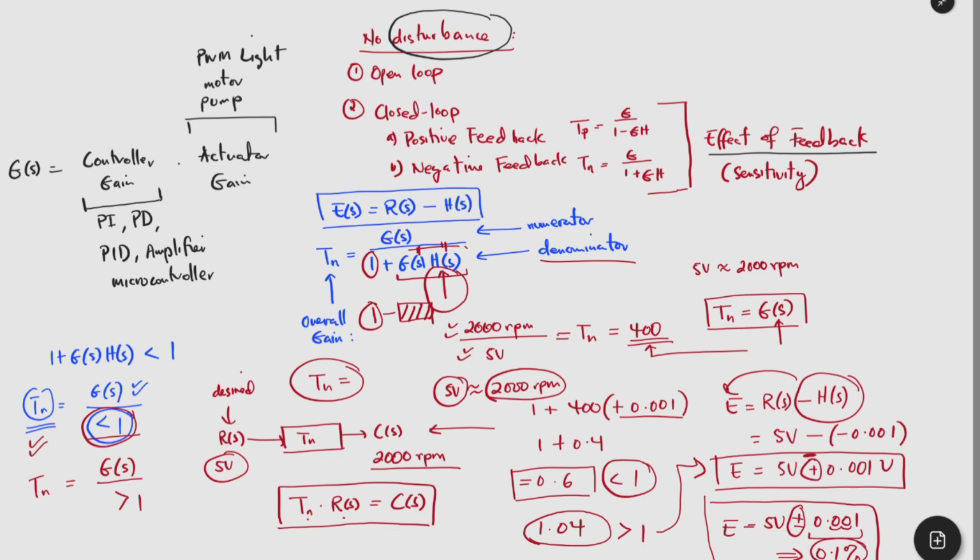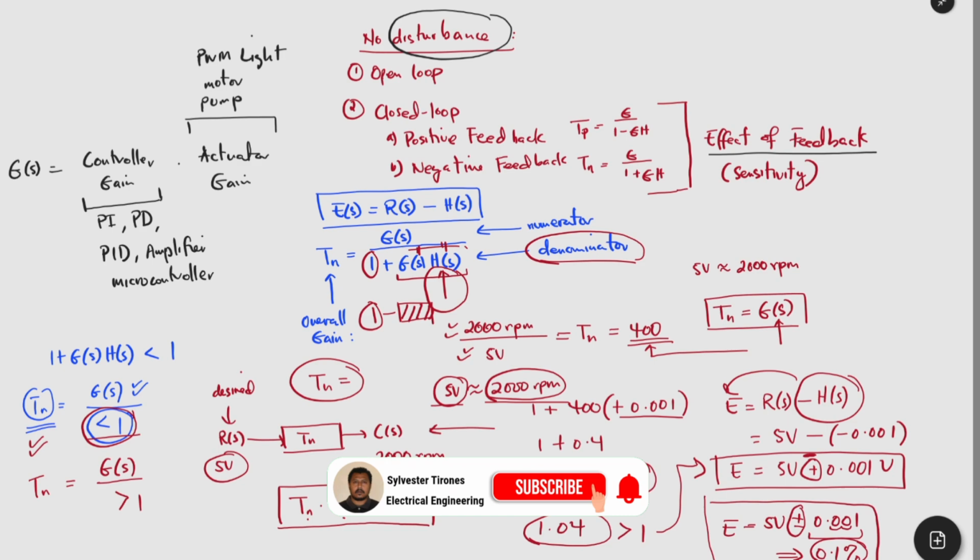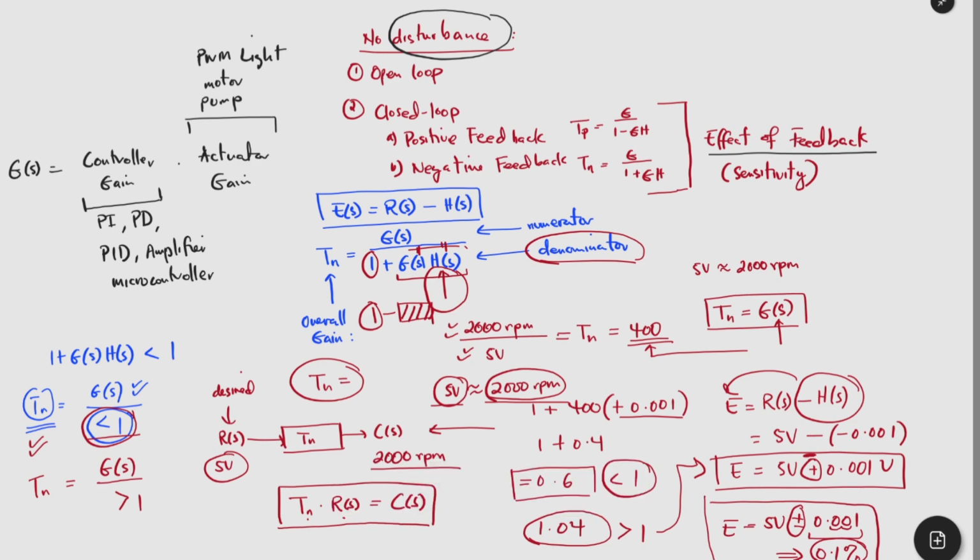In this case, we require a controller that can adjust so that we maintain 5 volts, which can produce 2000 RPM at the output. That is why we require feedback, and the feedback in the denominator of the overall transfer function becomes more important when we want to determine the overall transfer function T of n.